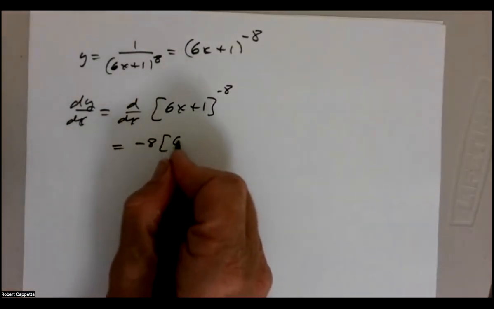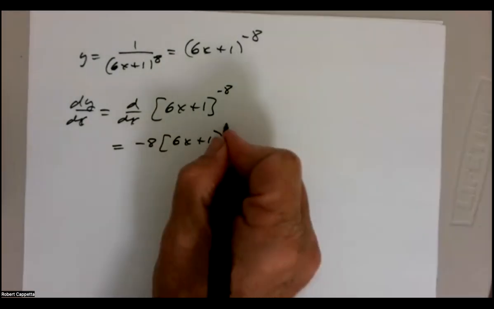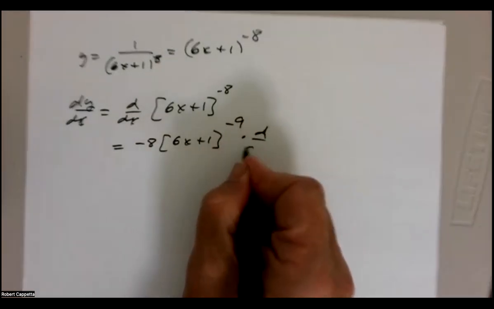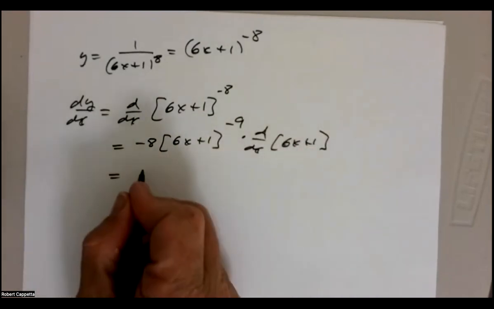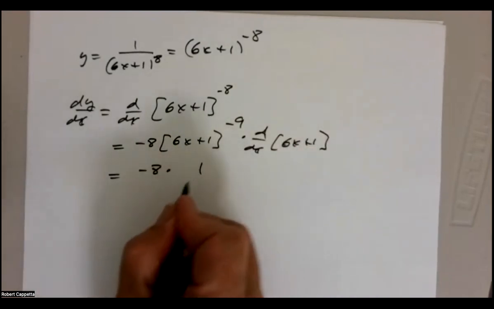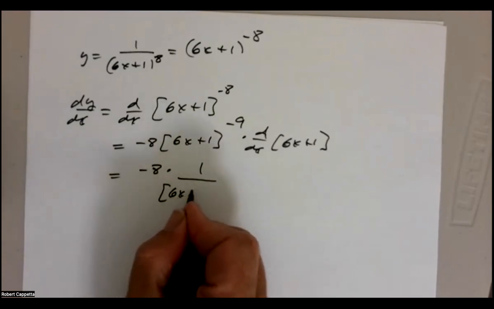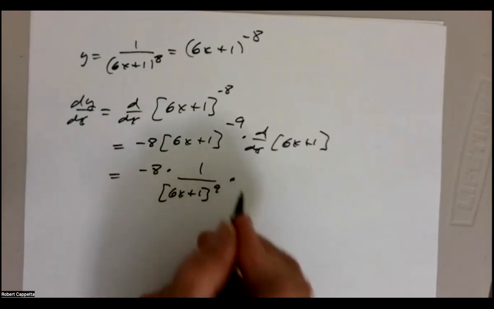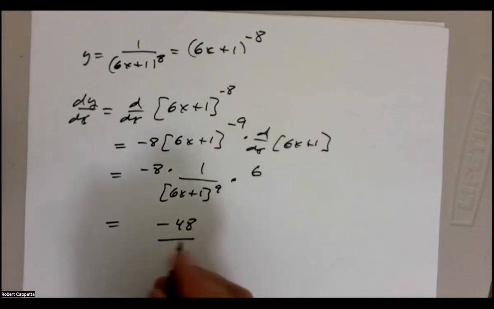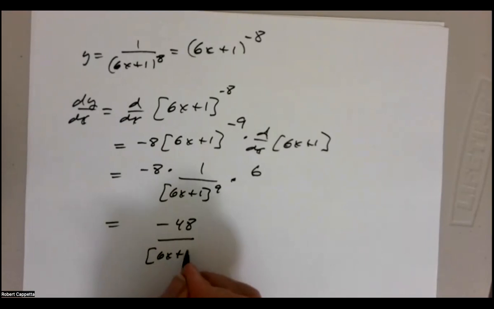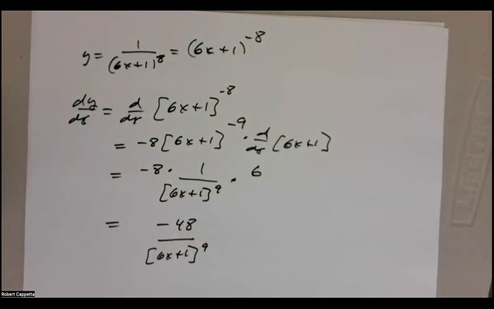Negative 8 (6x plus 1) to the negative 9 times the derivative. Negative 8 times 1 over (6x plus 1) to the 9th times 6, negative 48 over (6x plus 1) to the 9th.